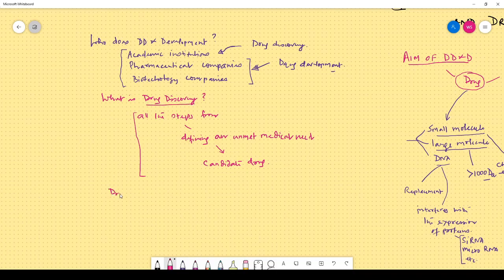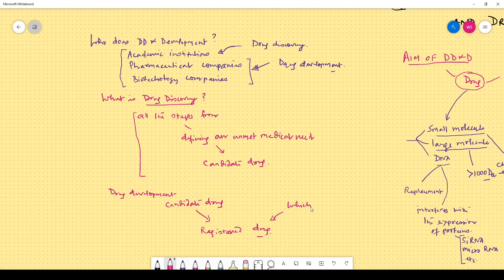Now, drug development refers to all the steps involved in taking a candidate drug to a registered drug. Registered drug. So what is a registered drug?